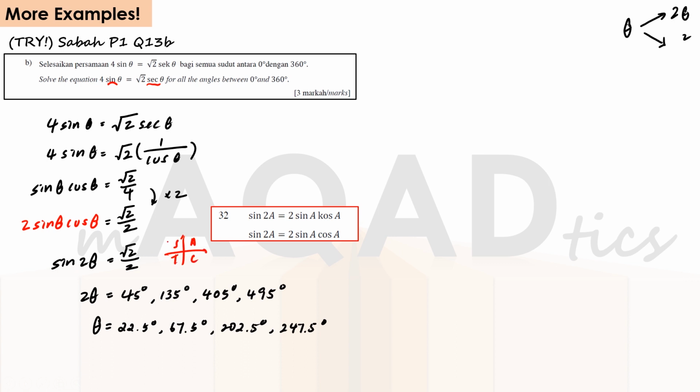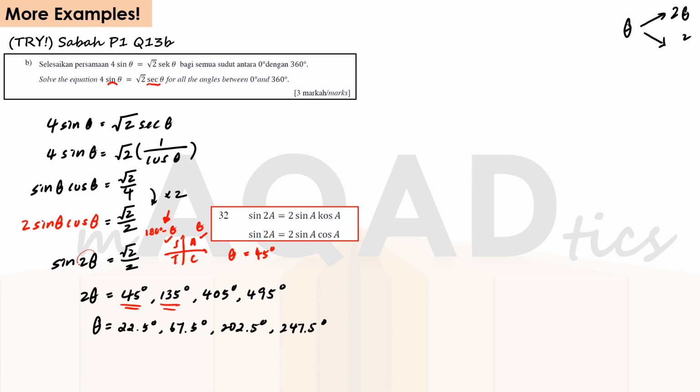This is sine positive, so it will be here. Here we do 180 minus theta and theta. So the theta here is 45, right? So this is my first answer. Use 180 minus theta, you'll get 135.